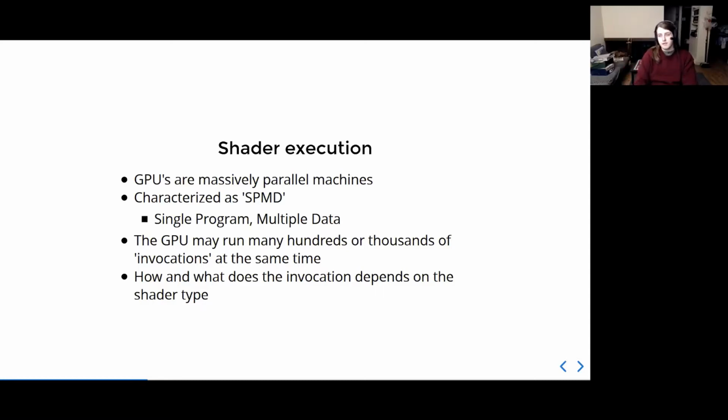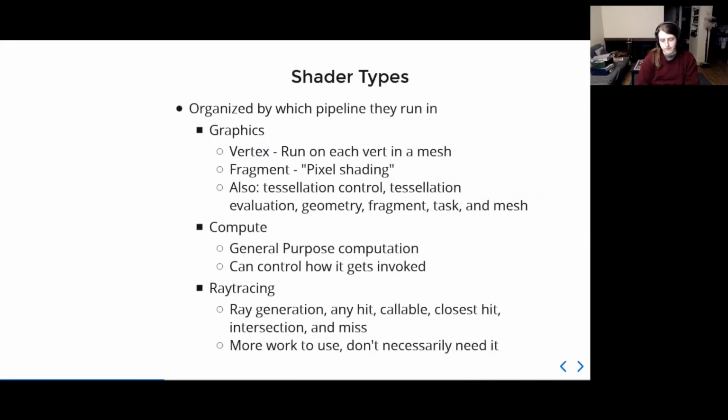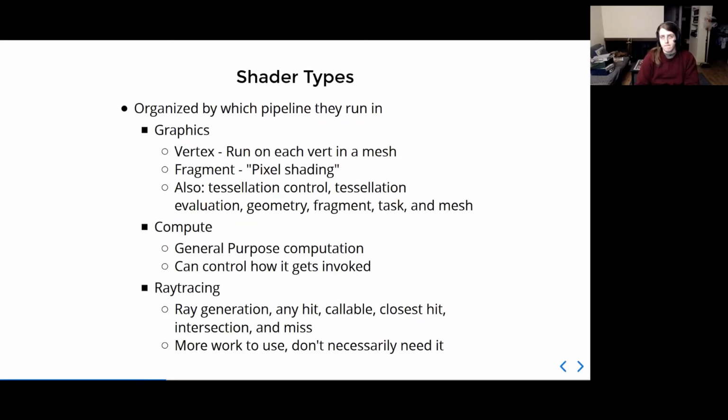The biggest difference between the different shader types is not just things like the availability of different global variables or inputs, but really the mechanism in which they are invoked. As in when and where and how do different shader types get invoked versus other ones. In a classic graphics pipeline, there are just two main shader types, a vertex shader and a fragment shader.